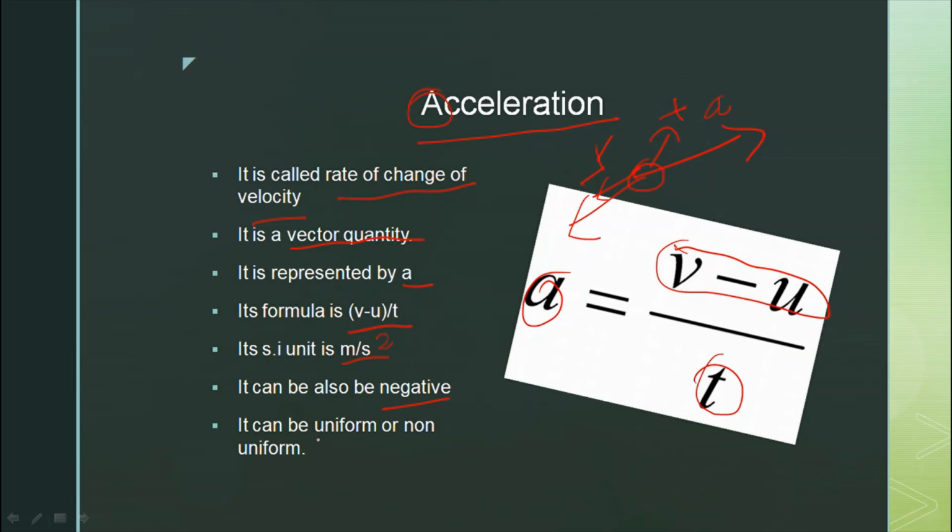It can be uniform or non-uniform. This is a very important topic. Uniform means that the acceleration is the same throughout the journey. We can understand this by this example. Suppose there's an object which is falling from a particular height, so it will be under acceleration due to gravity, which we call g.